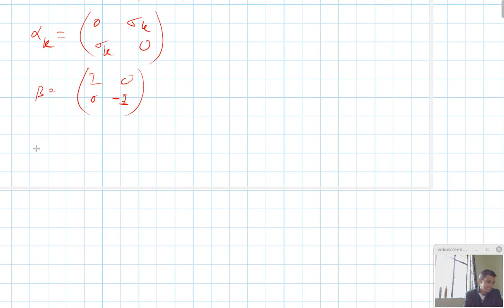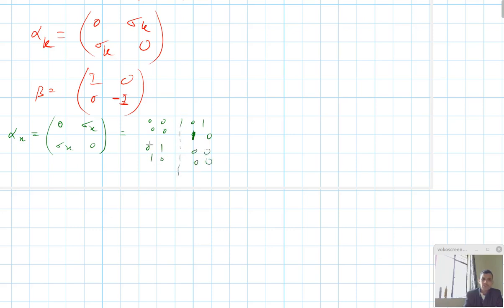So alpha x can be written as 0 sigma x, sigma x 0, and it is equal to the 4x4 matrix with rows 0 0 0 1, 0 0 1 0, 0 1 0 0, 1 0 0 0.